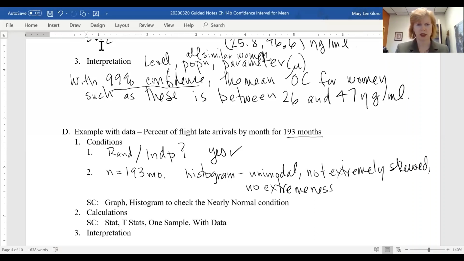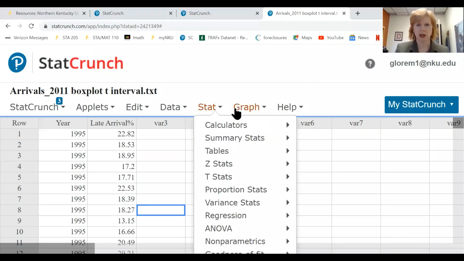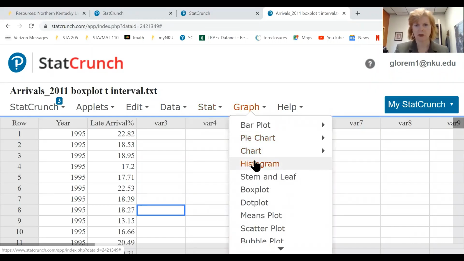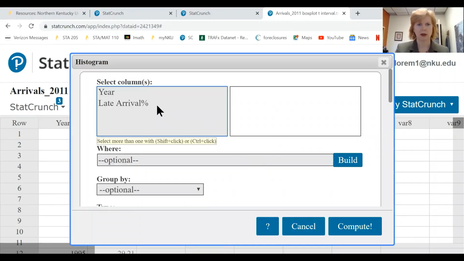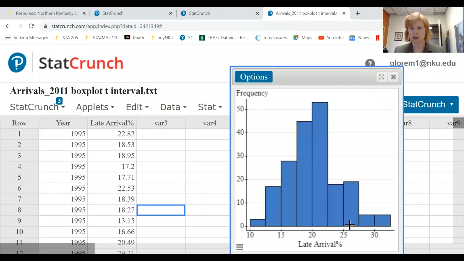Get back to my StatCrunch here. All right, so we're going to do a histogram. That one's easy. Graph, histogram. All right, so I'm going to look at late arrival percent. And I get this histogram. Unimodal, almost symmetric. All right, so this is almost normal. That looks right.